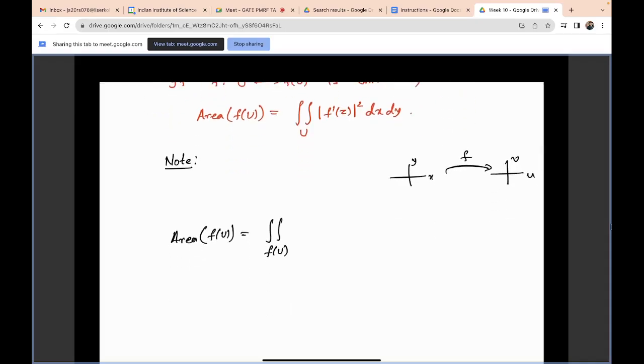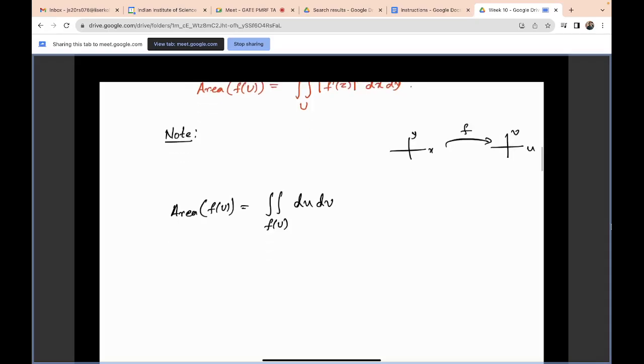Then the area of f(U) will be the integral of du dv. Suppose this is some region U and this is f(U). Now if you make the change of variable, then what will happen?